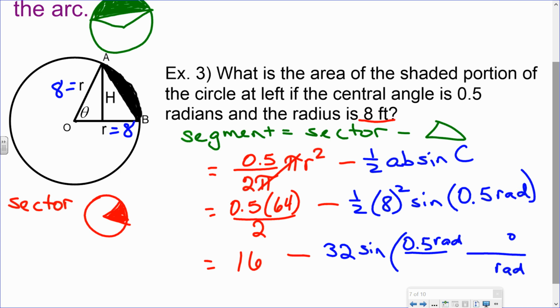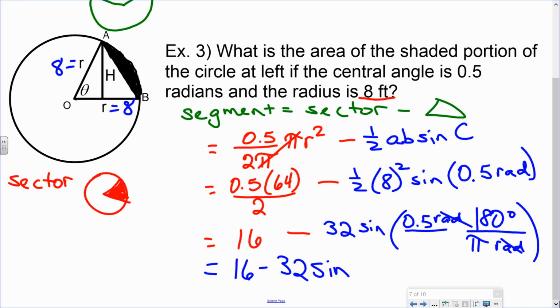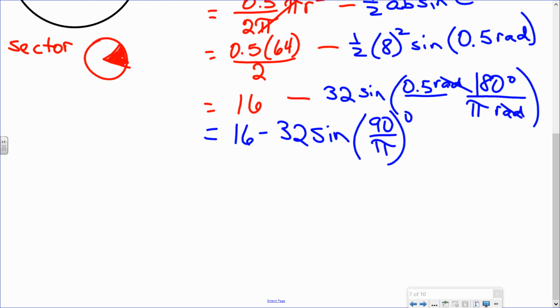So we could do 360 degrees over 2 pi, or when we wrote it down as a multiplier, we said we could just do half of the circle. 180 degrees is the same as pi. So what you are going to then enter on your calculator that is still in degree setting, 16 minus 32 times the sine of, I'm going to say 1/2 of 180 is 90. Just enter 90 over pi. That is in degrees, and tell me what you get.